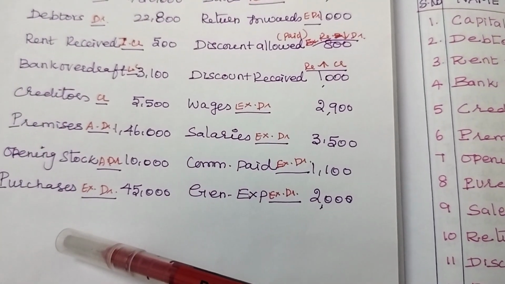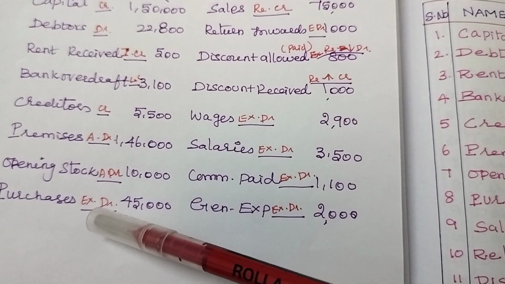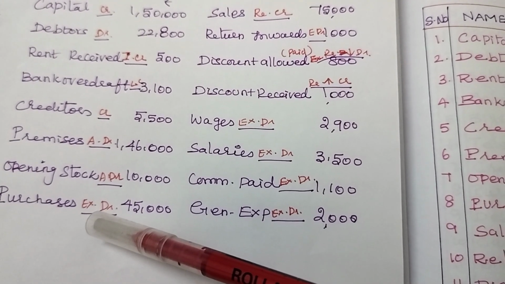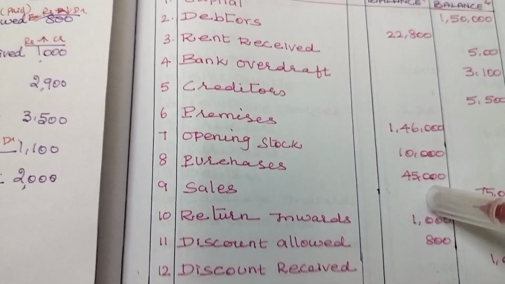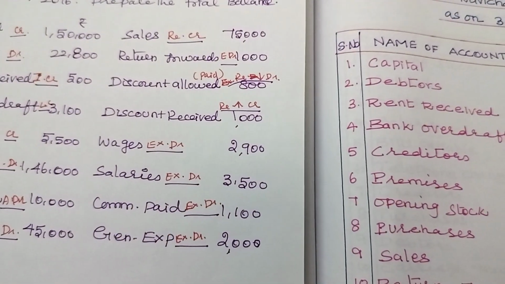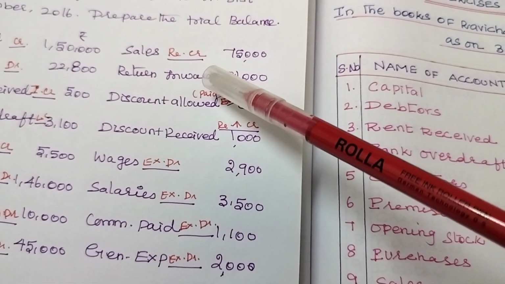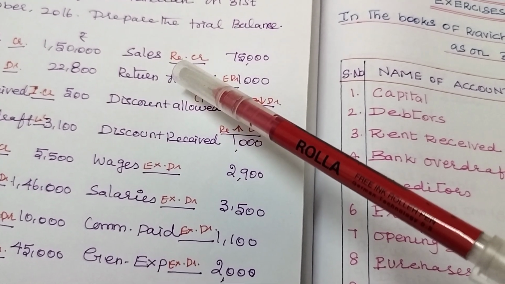Then purchases rupees 45,000. Purchases is an expense. All expenses are debited. So purchases rupees 45,000 is entered on debit balance. Then sales rupees 75,000. Sales is the revenue of the business.